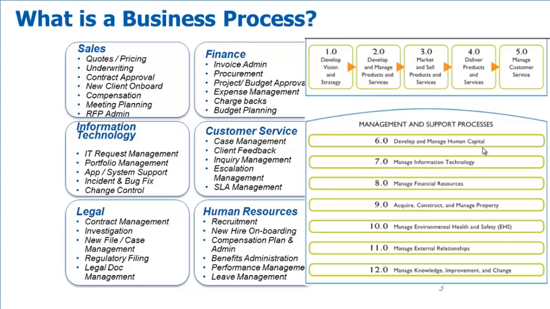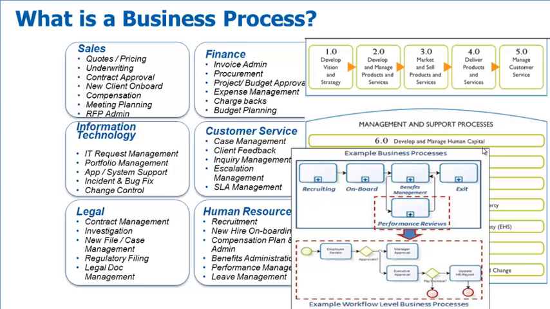From those major categories, they then break them down into lower level processes, and then all the way down to the tasks that are performed within those processes. So again, if we use developing and managing human capital as an example, we would see within that major processes like recruiting and onboarding, benefits management, performance management, and exit processes.